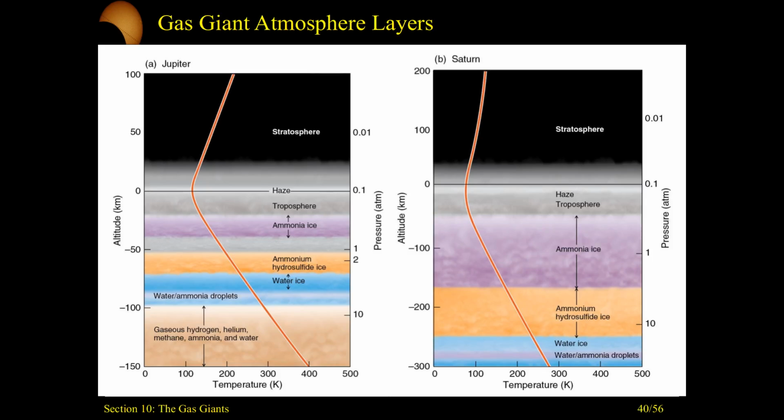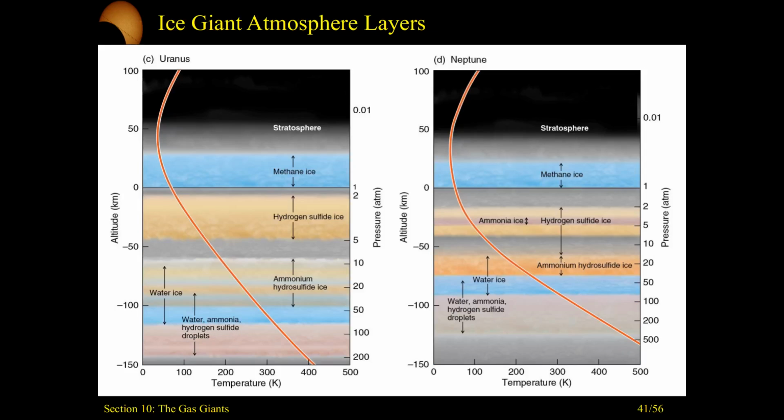And for Saturn, you'll see an almost similar pattern. A large, thick layer of ammonia ice, followed by some ammonia hydrosulfides, then the water ices. As for the ice giants, our defining characteristic will be underneath this layer of methane ice. And that methane ice gives the ice giants their distinguishing bluish tinge.